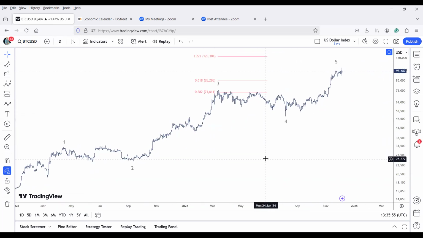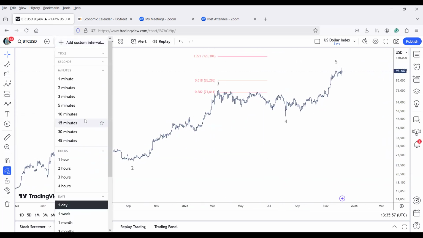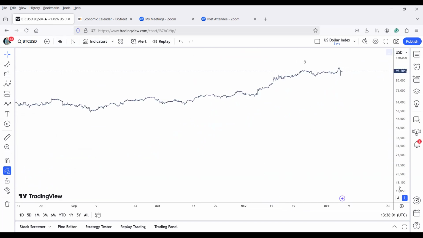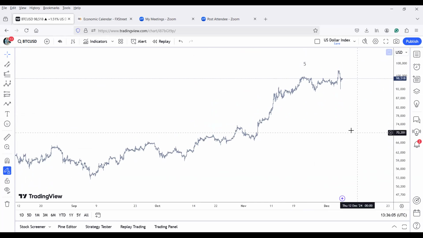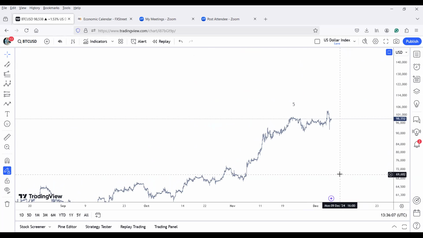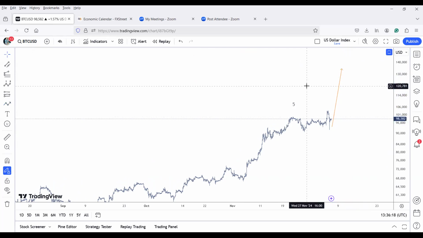The Bitcoin might be having one more upside to go towards 123, or 114 or 123 could be the next upside. But it's going to be very tricky if you're going to buy it now.